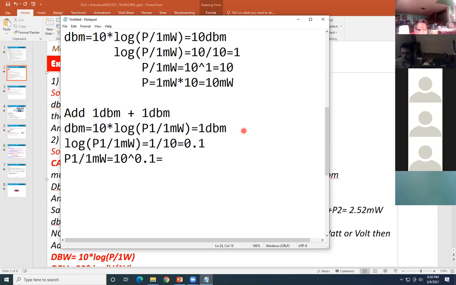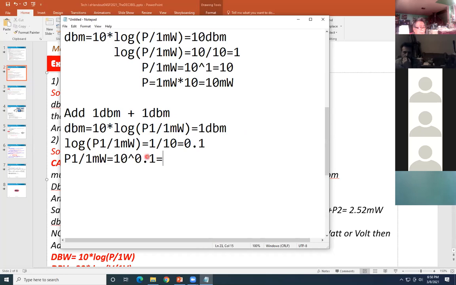Okay, what do you get? Let's see. No, it's 10 to the power of 0.1.